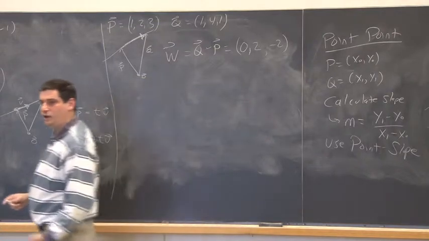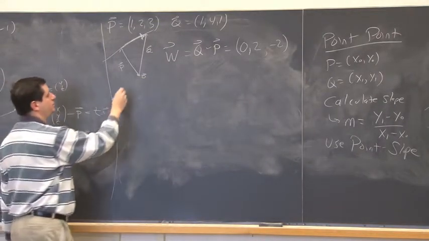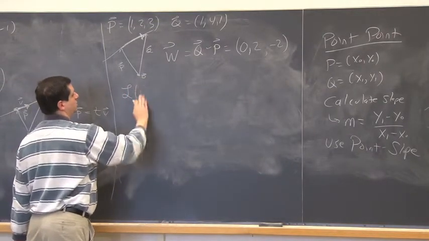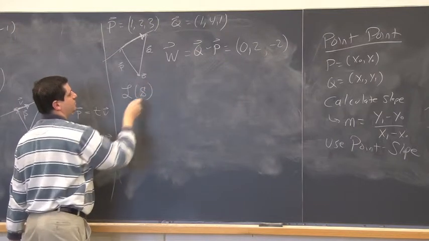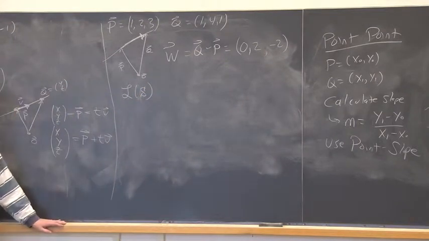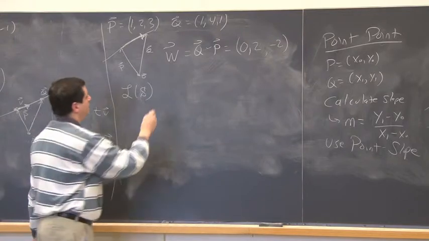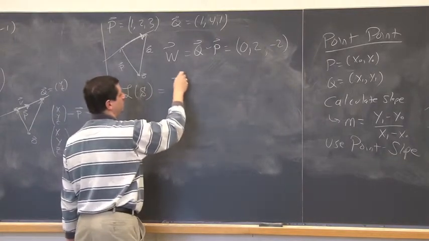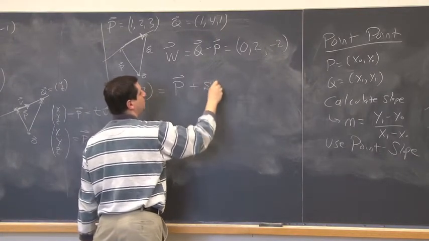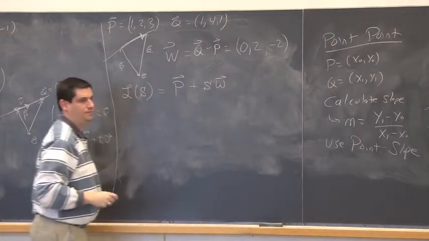So I want to find the equation of the line. So the equation of the line, I'll use a capital L. I'm going to use the variable s rather than the variable t. I always hate having to use s's in class because s's can look a lot like 5s. So I'll try to put little lines around the s. It's going to be my base point plus some multiple of my direction.